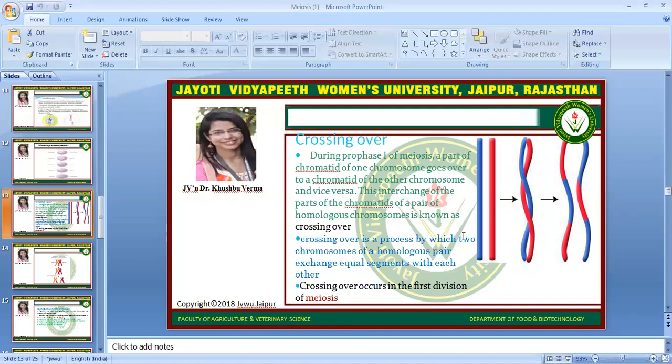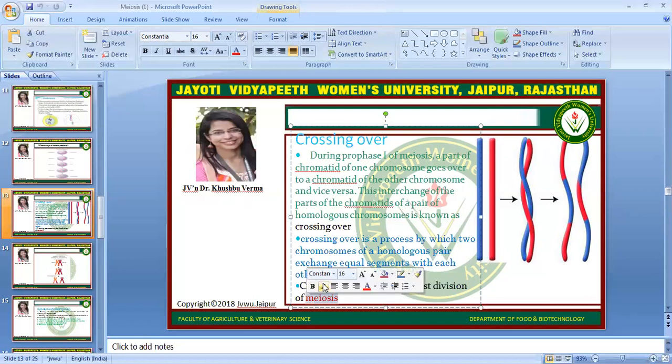Here we can see it occurs in meiosis 1, that means in the prophase 1 stage. Here we can see the homologous chromosomes. They make a synapsis and then they exchange regions with each other. They interexchange, so this is the phenomenon of crossing over.